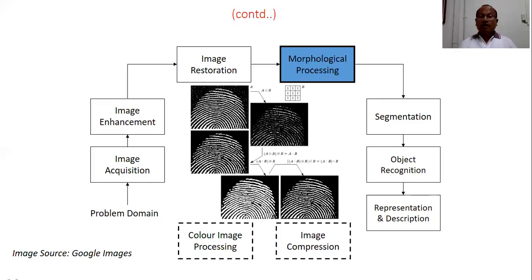So therefore, it is essential to get the thin lines, the fine details. And for that, some morphological operations are performed to clearly highlight, to clearly emphasize, to clearly show the ridges, valleys, and other structures inside the finger.